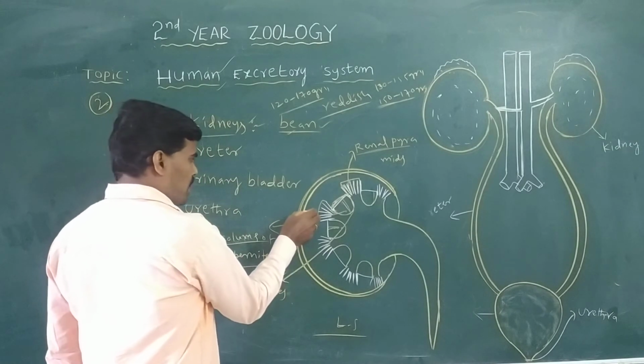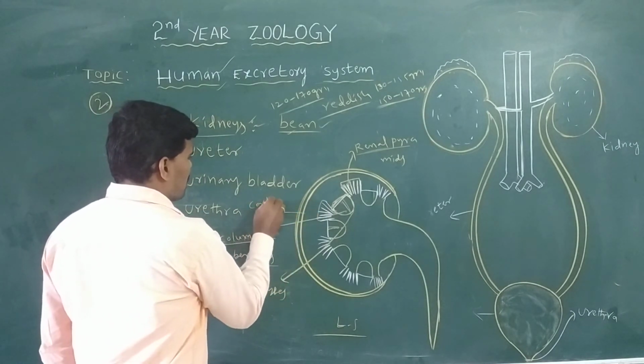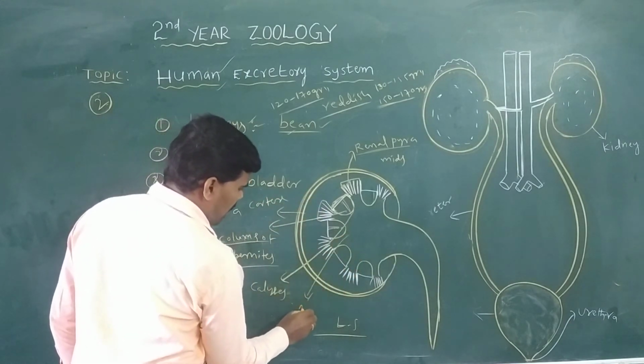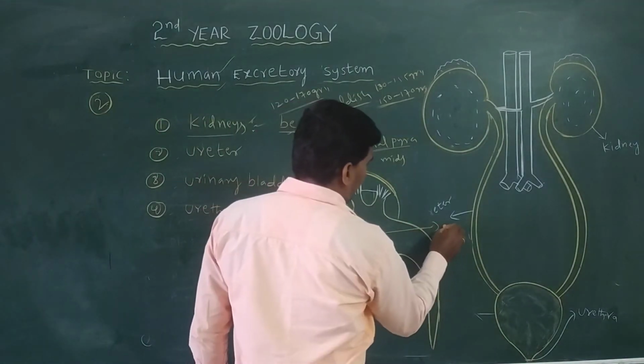The internal structure of the kidney has two parts: cortex and medulla. The inner part is the medulla. See the hilum.